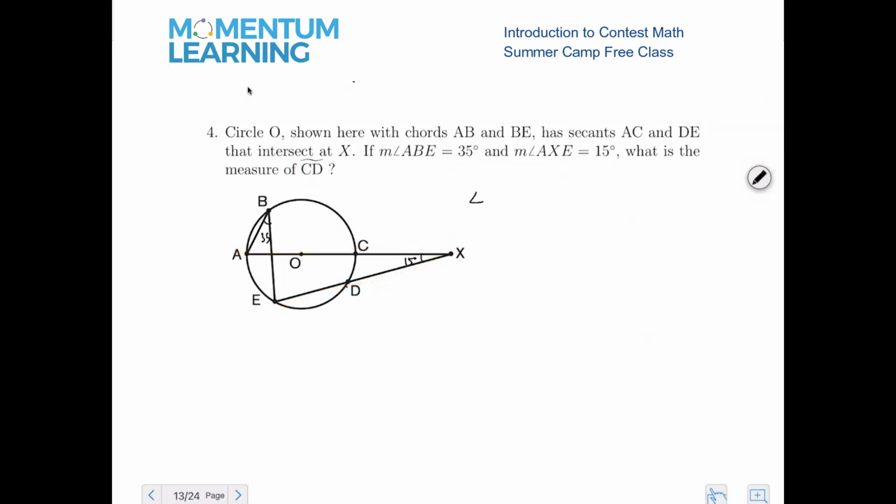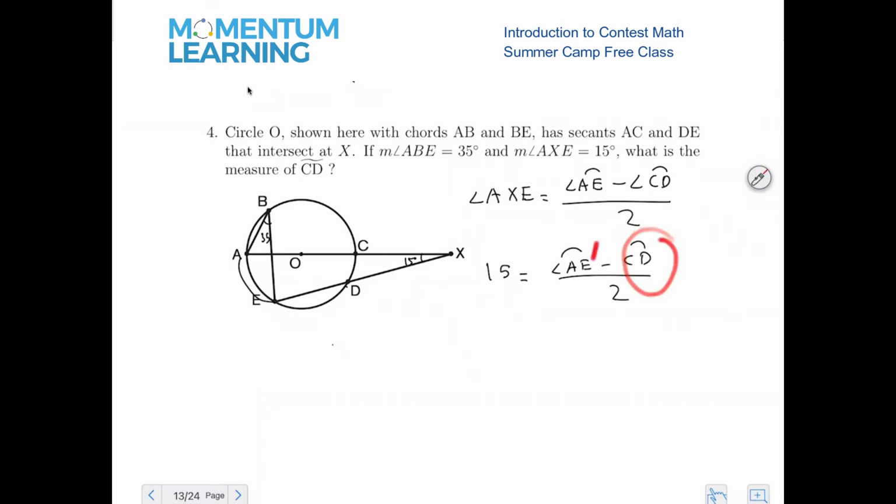We know that angle AXE is equal to arc AE minus arc CD, divided by 2. We know that AXE is 15, but we don't know AE. Because we are asked to find CD, that means we need AE. So the goal is to find AE.